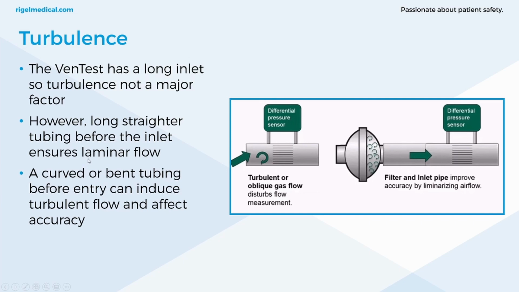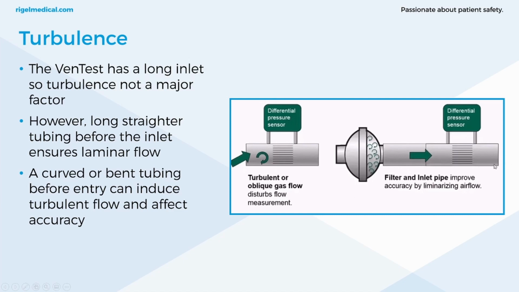Now, a longer, straighter tubing before the inlet ensures laminar flow, and it's certainly recommended for the handheld Citrix type testers, which do not have long, straight tubing before it gets to the measurement.